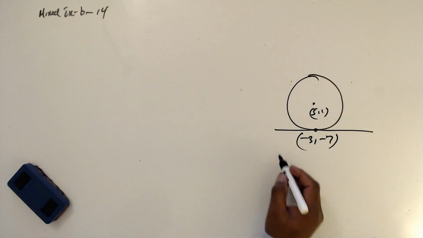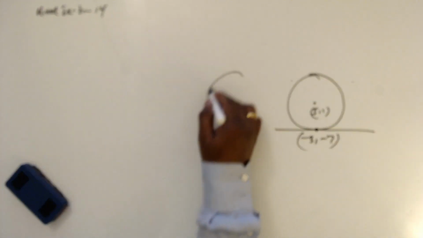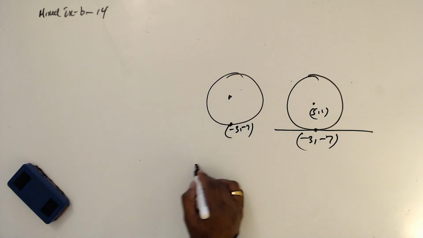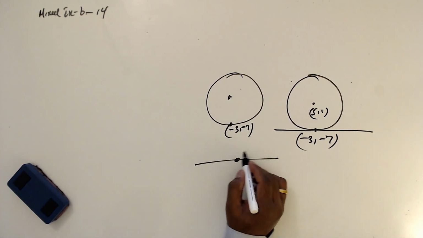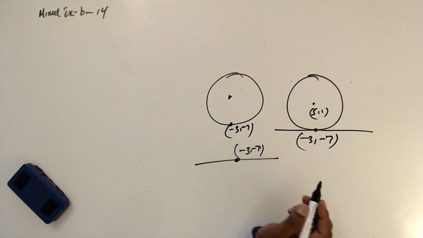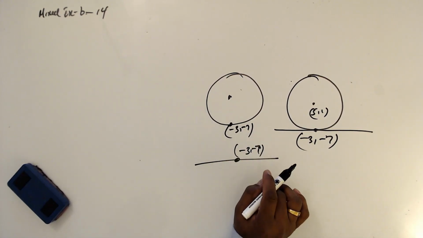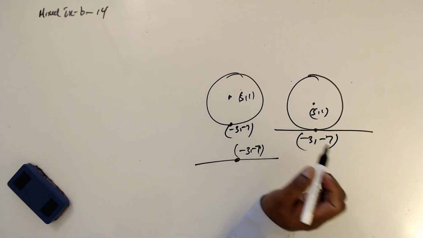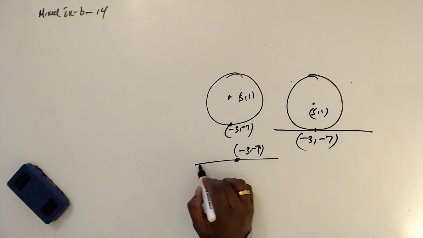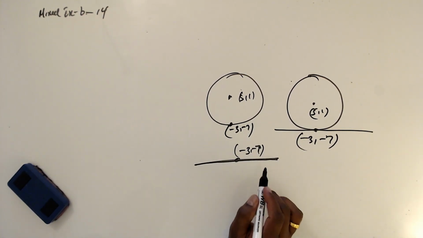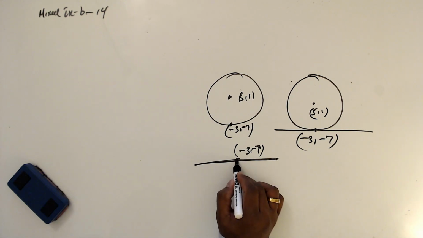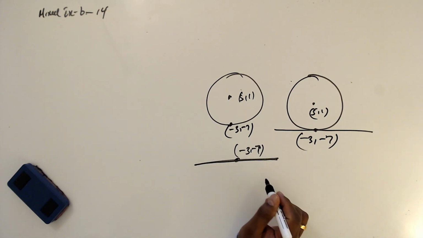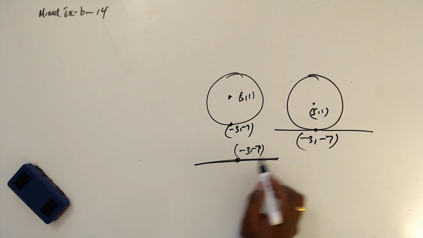Now from here you will notice that this point minus 3 minus 7 is on the circle, as well as on the line. So those are the two data you want to get. Now you write the equation of this tangent line. You have a point now, so you need a gradient. It's not possible to get another point, but we can get a gradient.